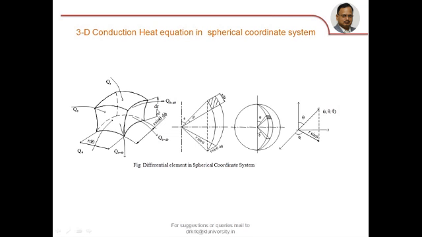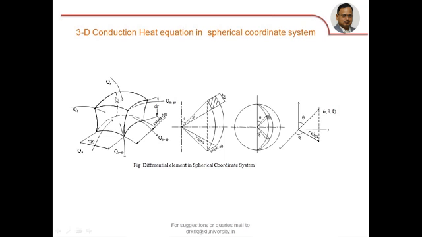So volume of the element is dr into r d theta into r sin theta d phi. If you consider the density of the element as rho, mass of the element is density into volume, rho into dr into r d theta multiplied with r sin theta d phi.